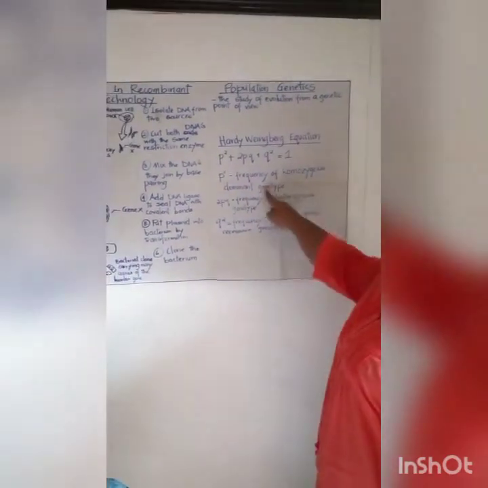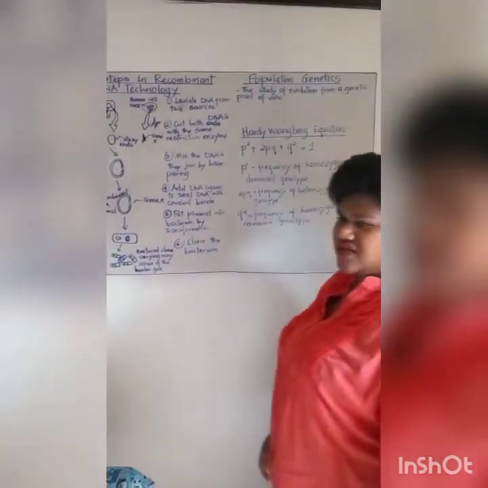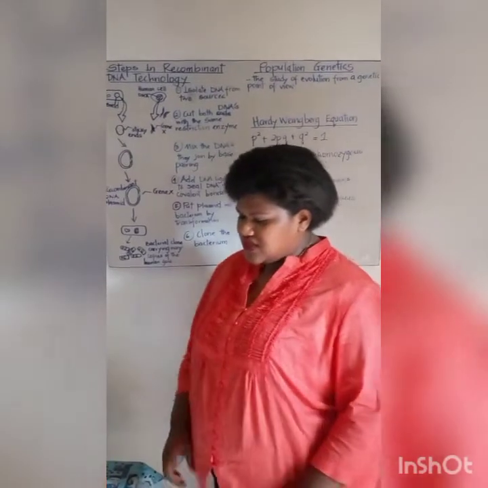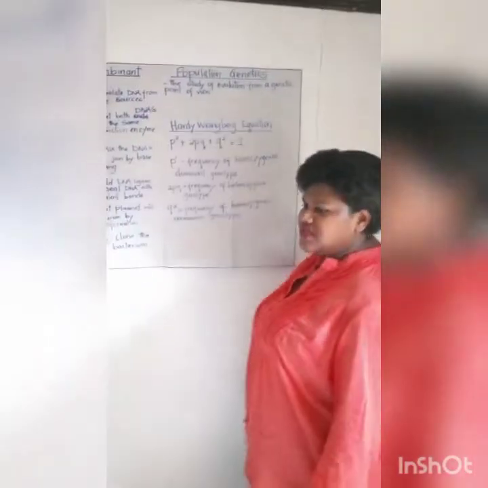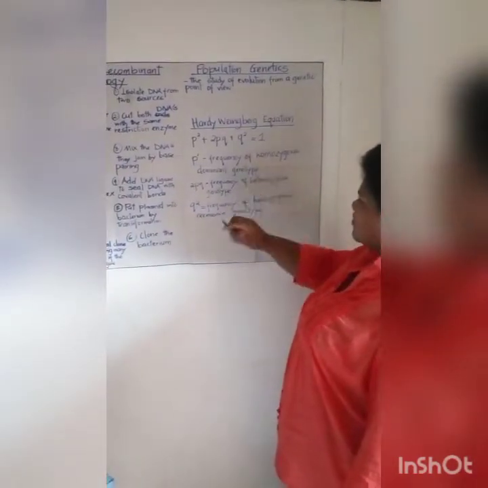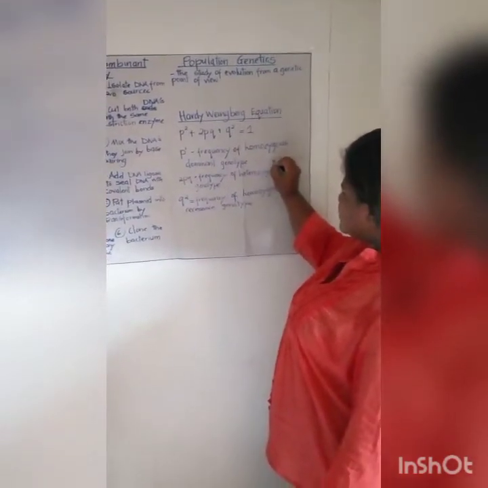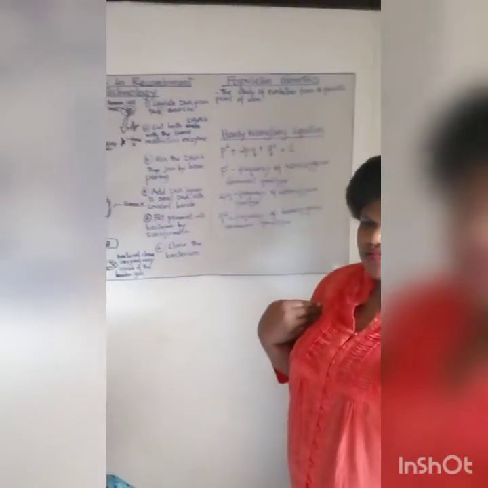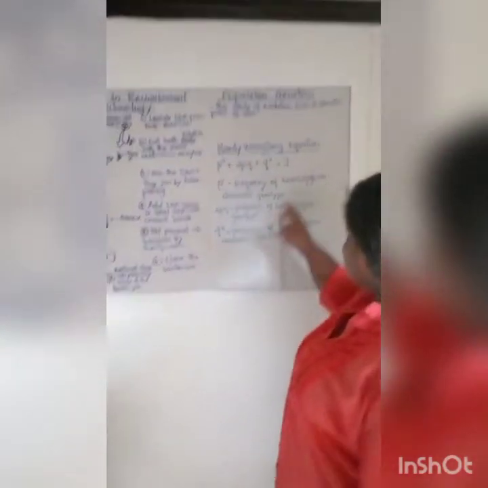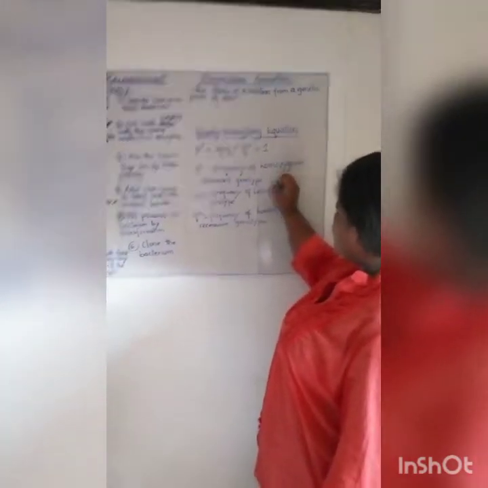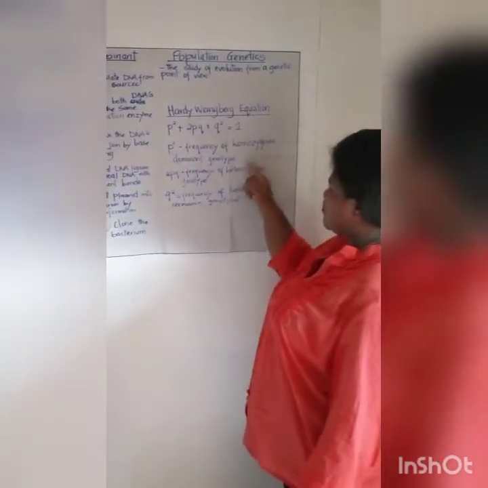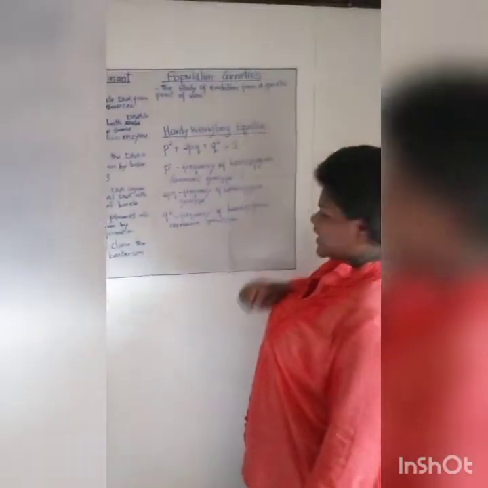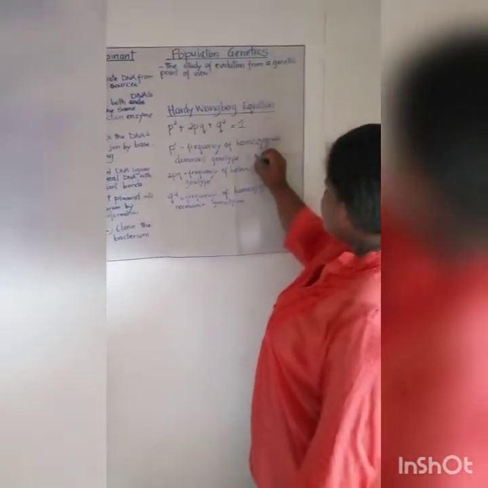Genotype means the genes that we can see in our body. So p squared is the frequency of homozygous dominant genotype, capital B, B.